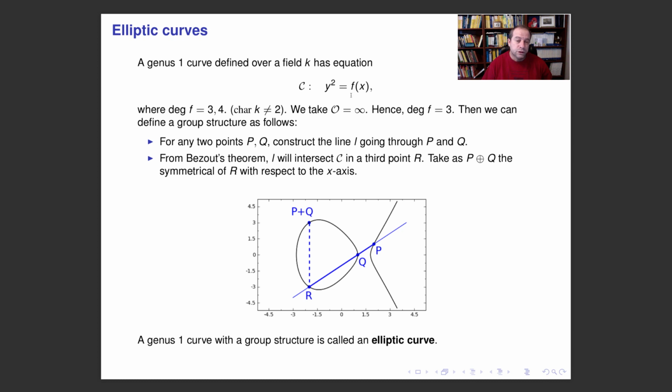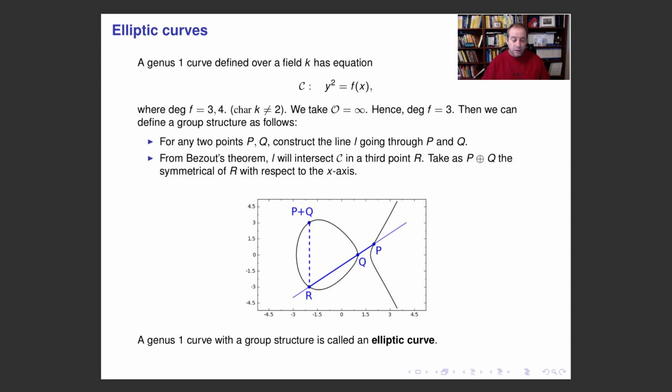We assume that infinity is one of the branch points of the hyperelliptic projection, so I can take the origin of the group to be infinity, and in that case this will be a degree 3 polynomial. This is a picture when that degree 3 polynomial has 3 real roots, but it doesn't have to be, that's not a restriction.